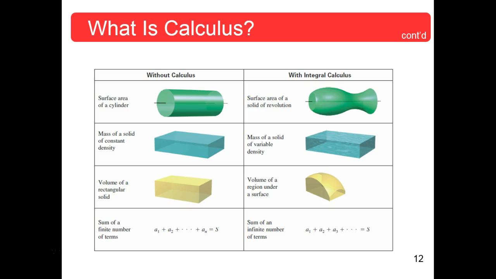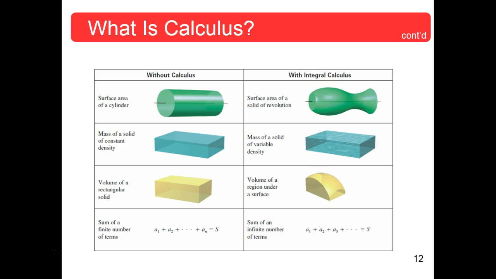If you have just a fixed number of terms, no matter how many there are, you can add them all up and get the sum. But what if you have an infinite number of terms? Whoa, you can't add all those up because it's an infinite number. But calculus enables you to determine, number one, if there is a sum or not.